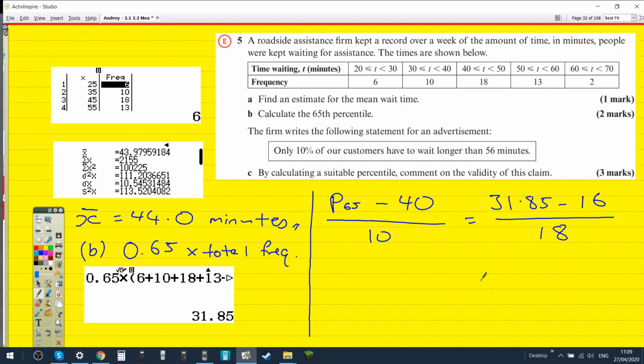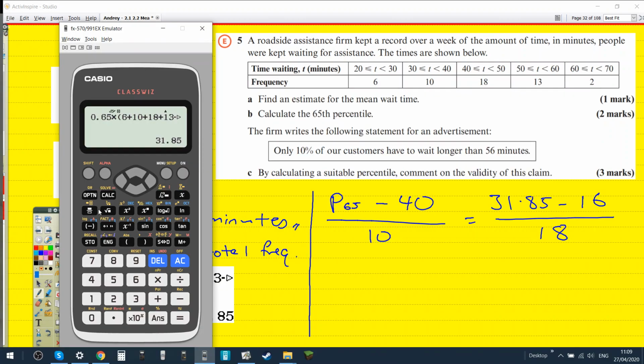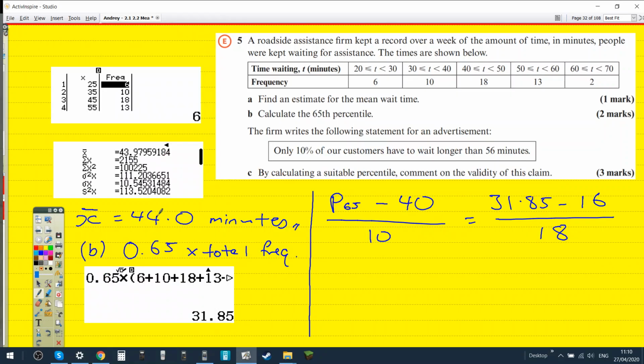Sorry. How do I write that P65 thing in? So just use X. Okay. Maybe I should just use X. Yeah. So I got X is 48.8.